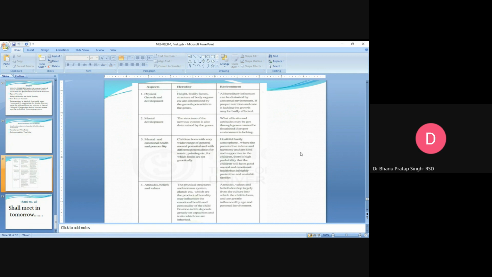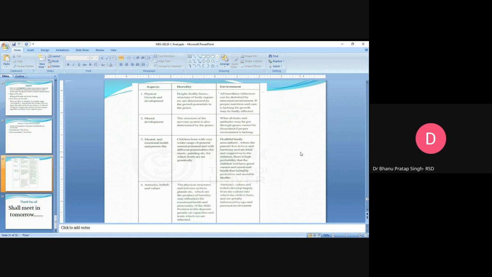Heredity is important, yes, of course. But if the nurturing, the nutrition, or the proper caring is not there, then definitely the growth and development of the child will be badly affected. It means both are important. Mental development, the structure of the nervous system, is also determined by the genes.